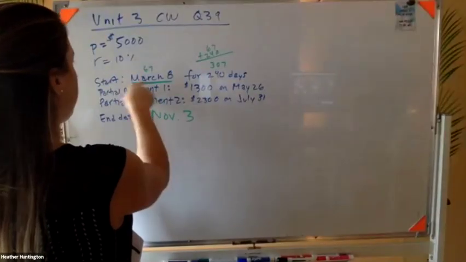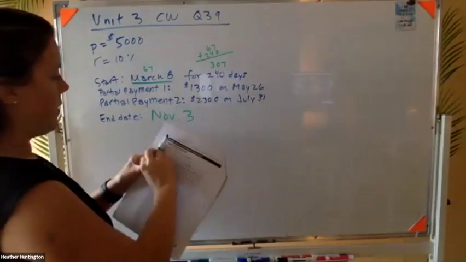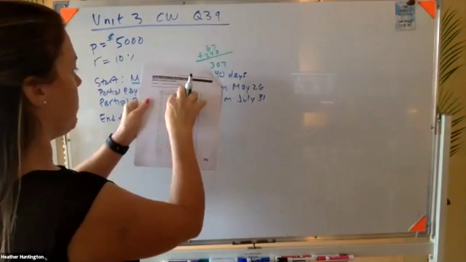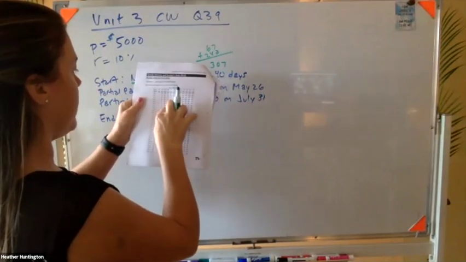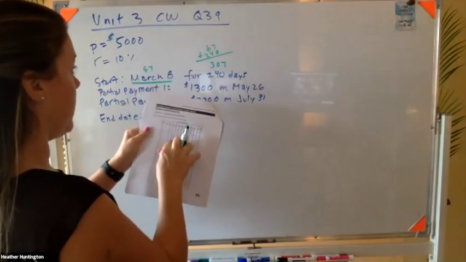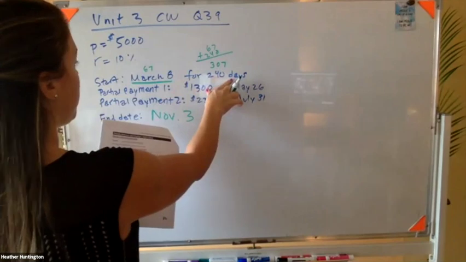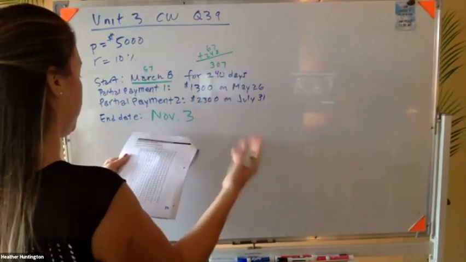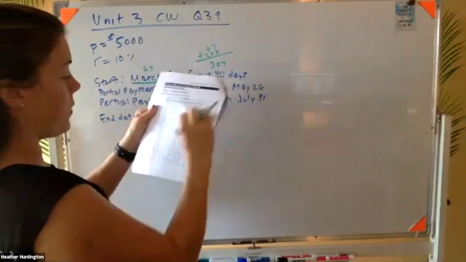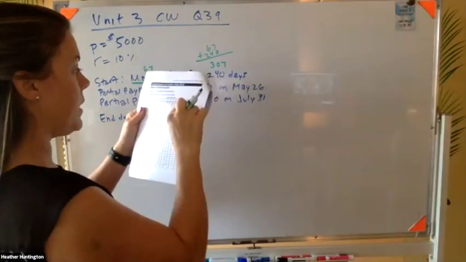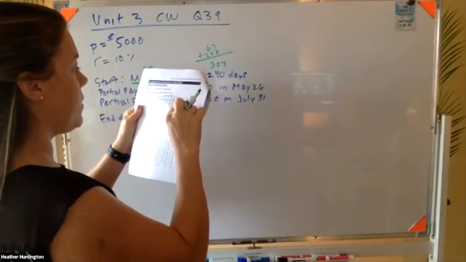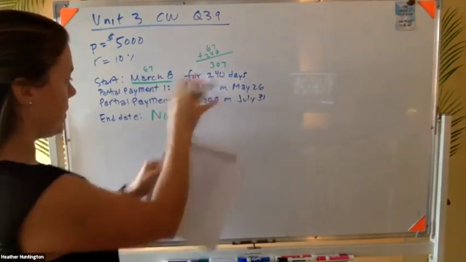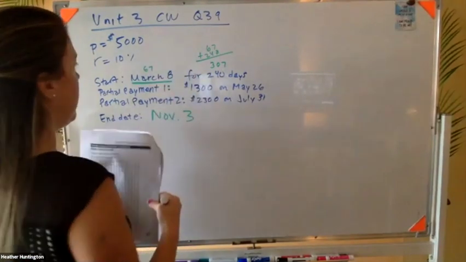Again, I just went through the steps again: March 8th is the 67th day of the year, 67 plus 240 is 307, and the 307th day of the year is November 3rd.